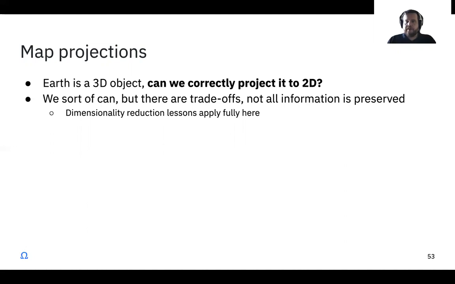We're not going to go over big details, but know that we can project Earth to 2D, but there are always trade-offs. Not all information is preserved, and you need to know what the strengths and weaknesses of our projections are. And this is where dimensionality reduction lessons will apply fully, because we indeed are trying to reduce a 3D object to a 2D object. So we are going to have distortions and so forth. What we have discussed in the abstract sense, we are going to see in practice here.